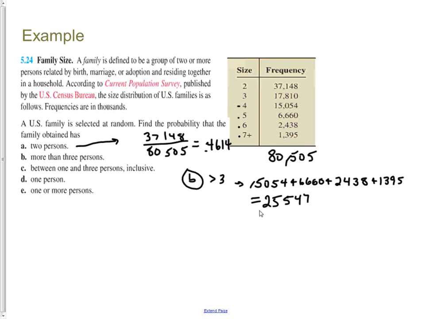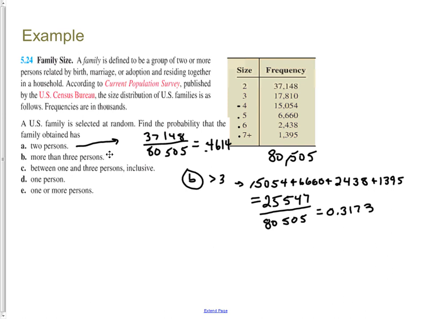Of course, if we want our probability, we're going to divide that again by the total of 80,505 and get the equivalent decimal for this probability. In this case, that works out to be 0.3173.